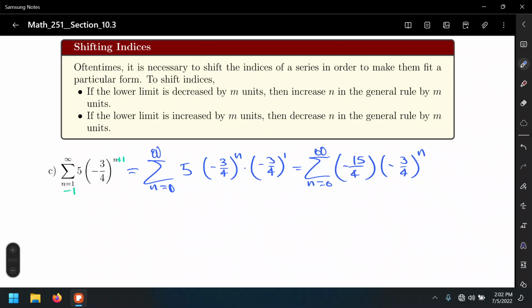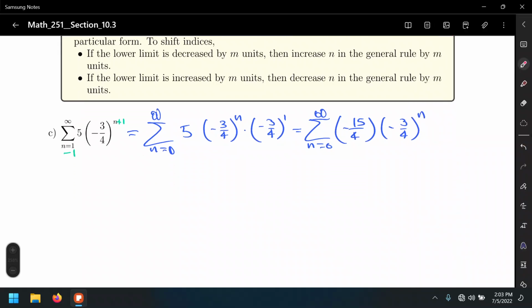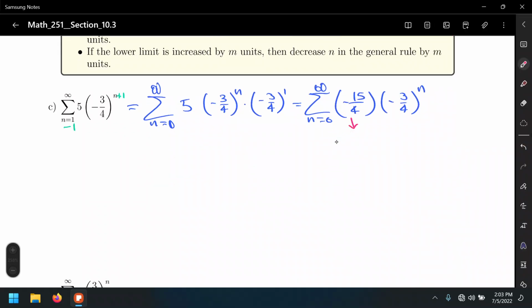Number 1, a number multiplying another number that is raised to the n power, and the series starts at n equals 0. Let's write down the a and the r. A equals negative 15 over 4, and r equals negative 3/4.